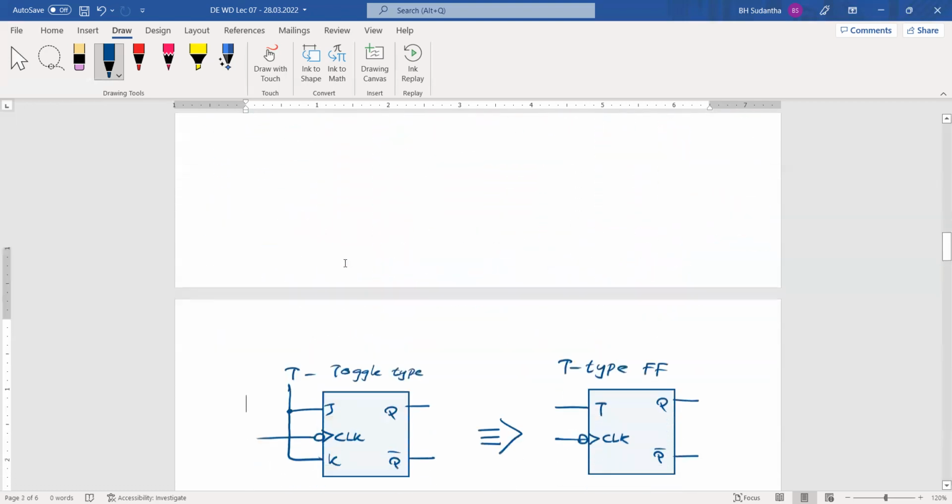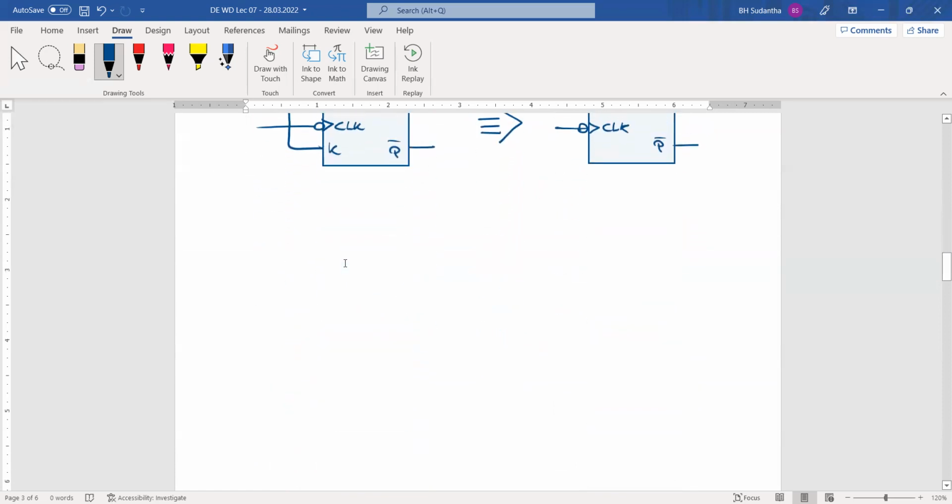Okay, now if you are okay with this one, shall we try to understand the operation of this circuit?